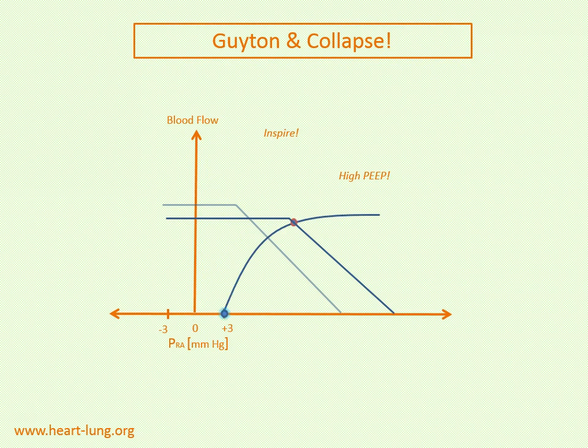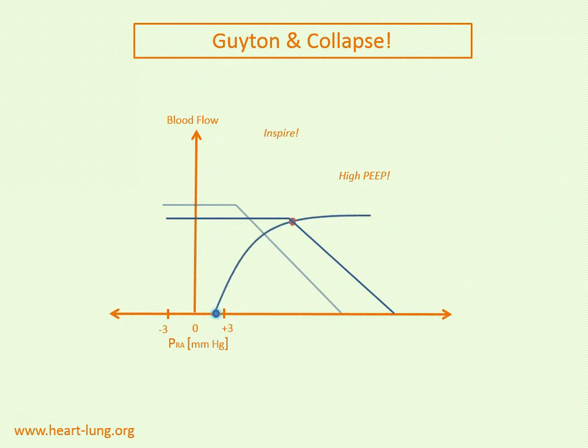Another important consideration is this idea of volume responsiveness. Now, this patient would be volume responsive because the venous return curve is intersecting the ascending portion of the Starling curve. But if you start adding too much PEEP, you may actually shift this right heart into its volume non-responsive portion. So you're now actually on the plateau portion of the cardiac function curve.